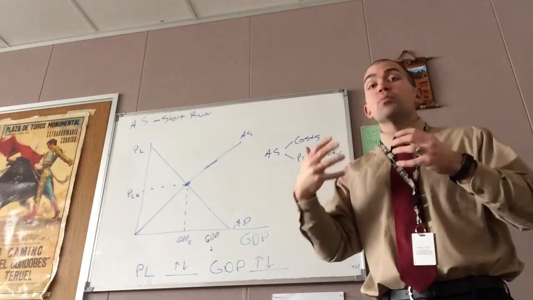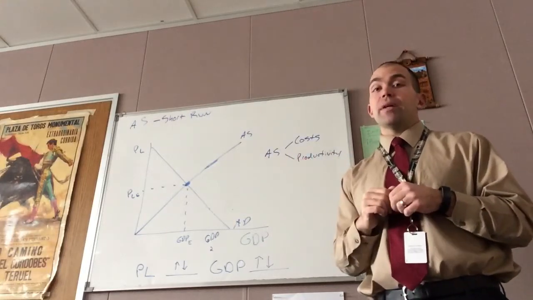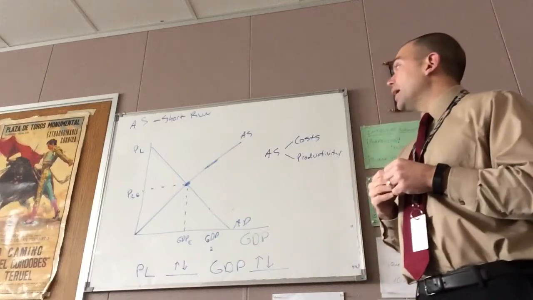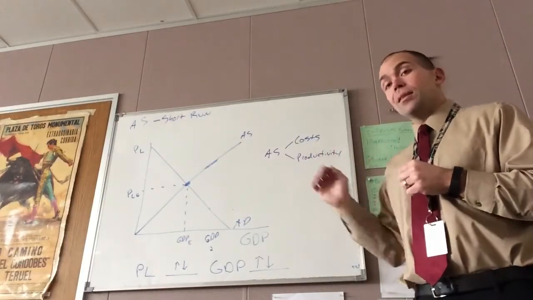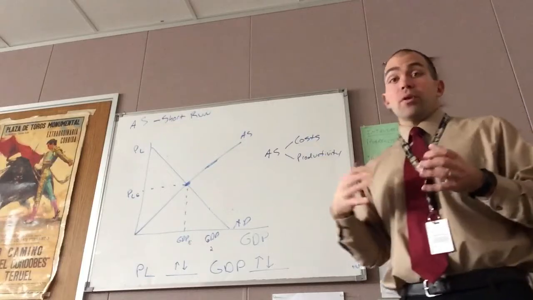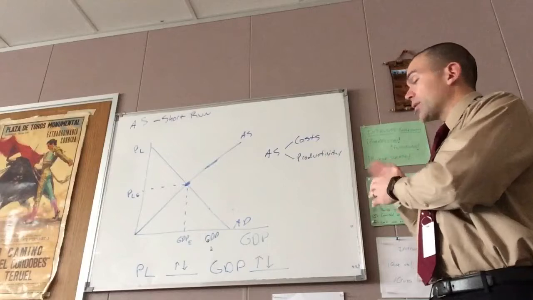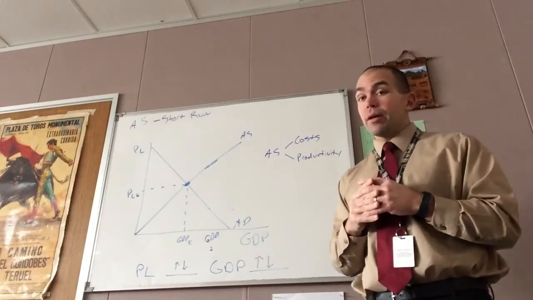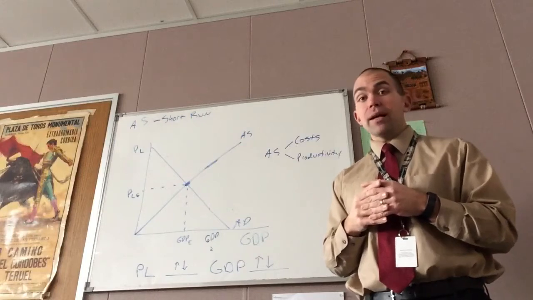If it becomes more expensive to make things, that's going to decrease the willingness to supply for our firms. If it becomes less expensive to supply things, then it shifts to the right. Productivity: if something happens that makes us more productive, that's going to shift our supply to the right. And then less productive is going to shift our supply to the left.